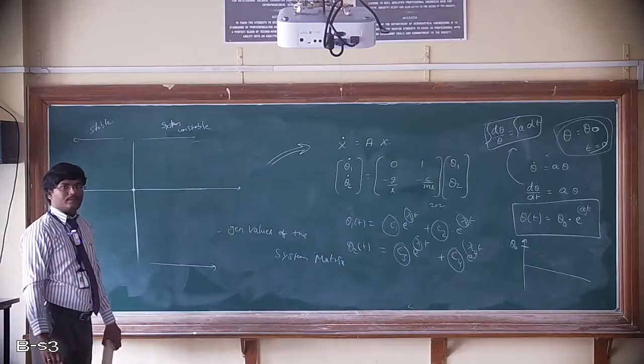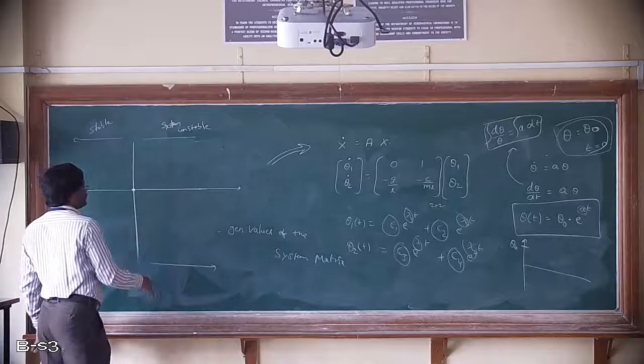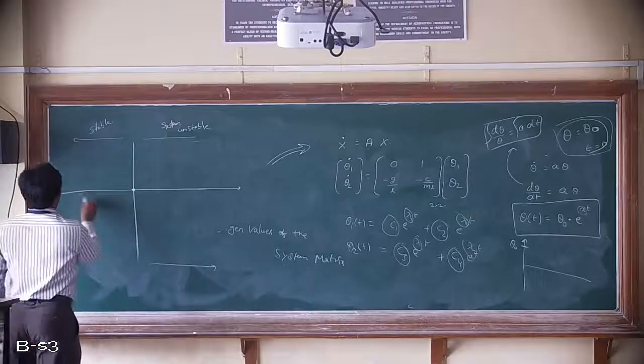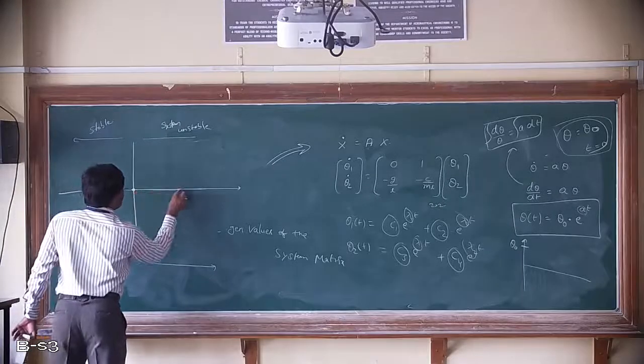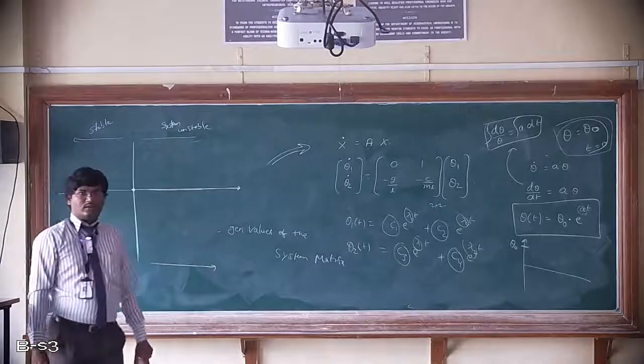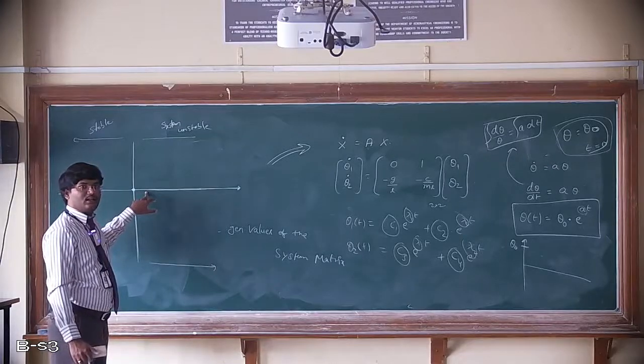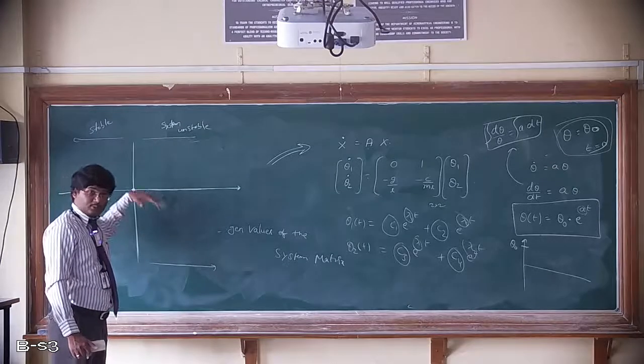Okay, like this. If your eigenvalues are on the real axis, then the system nature is exponential.